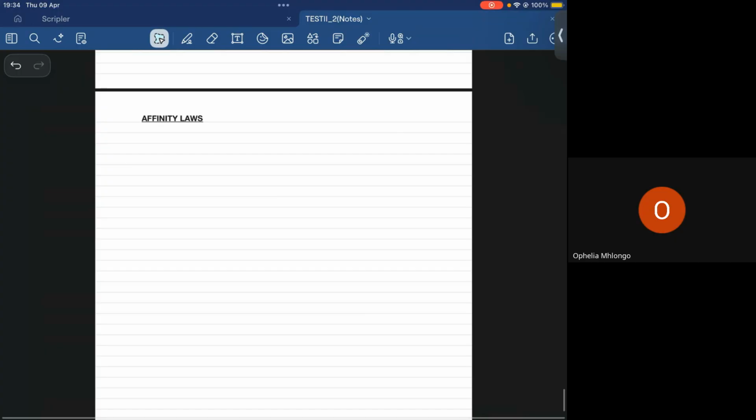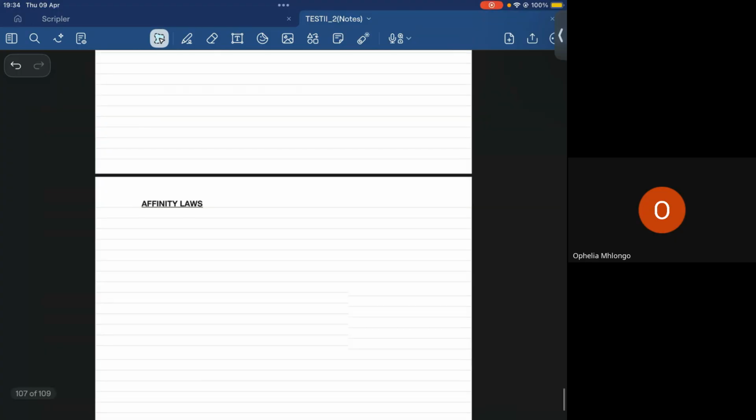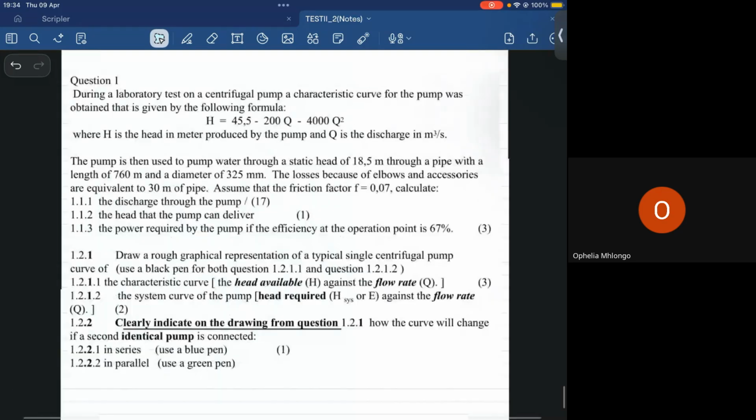I will be drawing, for example, question one. I will be drawing the graph manually, meaning using a graph paper, and then also using Excel after that.